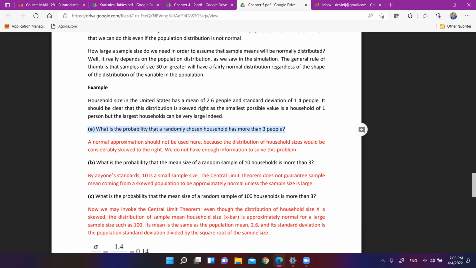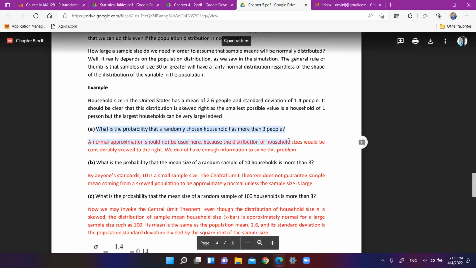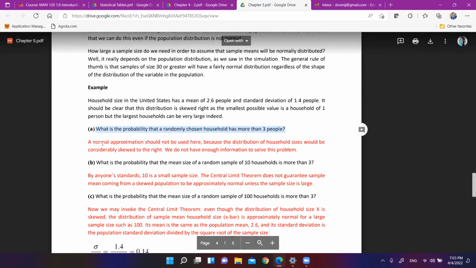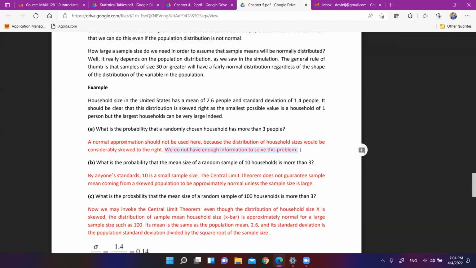That is all we know. If the distribution is not known, we cannot do something like this with just two parameters. Can we approximate normality here? No. Why? Randomly chosen household has more than 3 people. We do not know what the sample size is. A normal approximation should not be used here because the distribution of household sizes would be considerably skewed to the right. We don't have enough information to solve this problem.